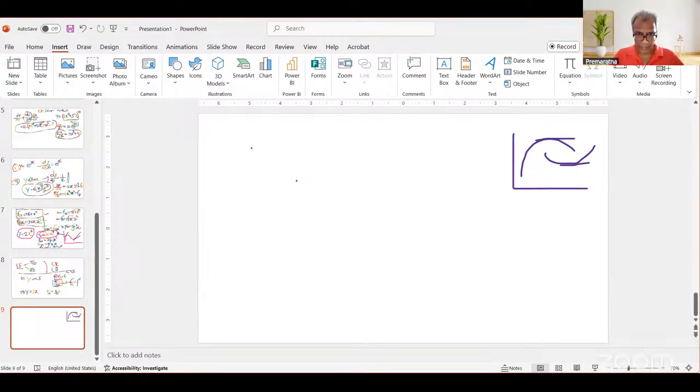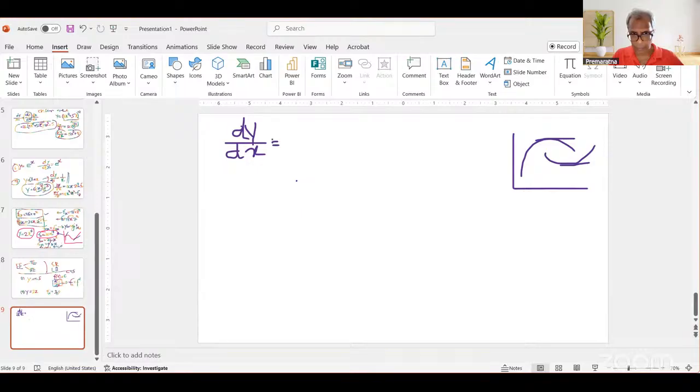Now, when you differentiate an equation, let's say you got an equation, the first differentiation, if it is equal to zero, usually what we do is set it equal to zero when you differentiate.